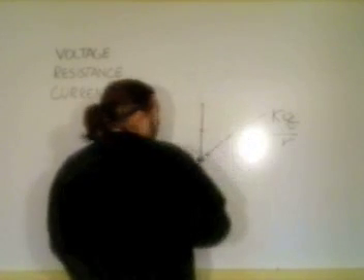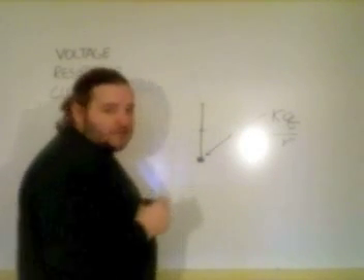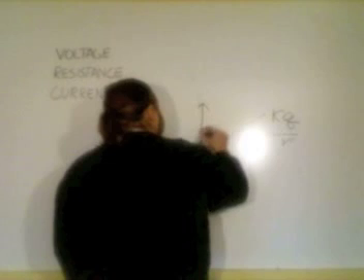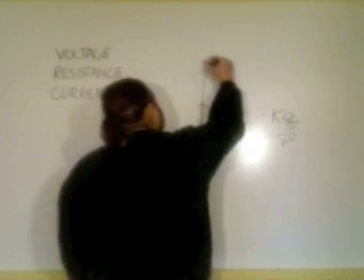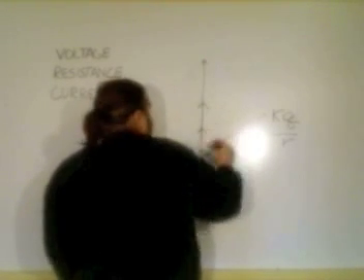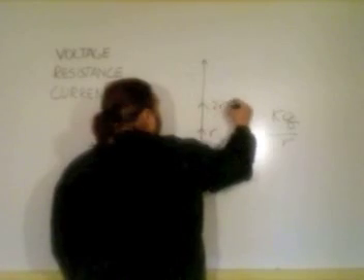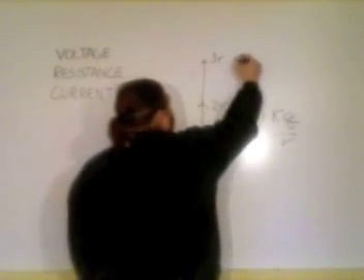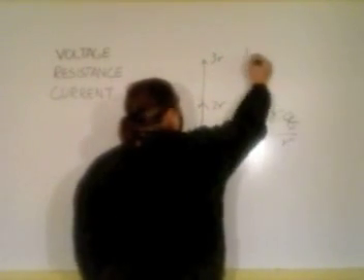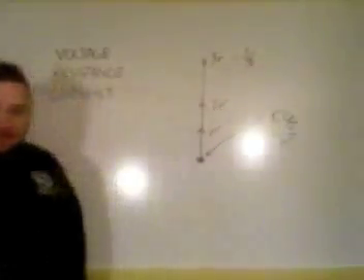But if I double that radius, I have half that potential energy. If I continue to move up and triple that radius, this being R, this being 2R, this being 3R, I've cut my potential energy to a third.